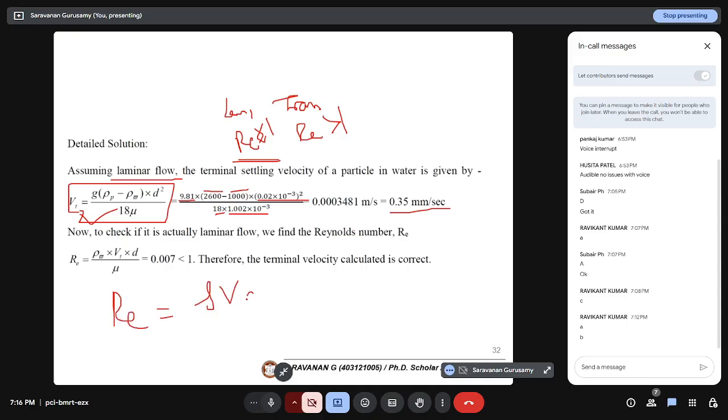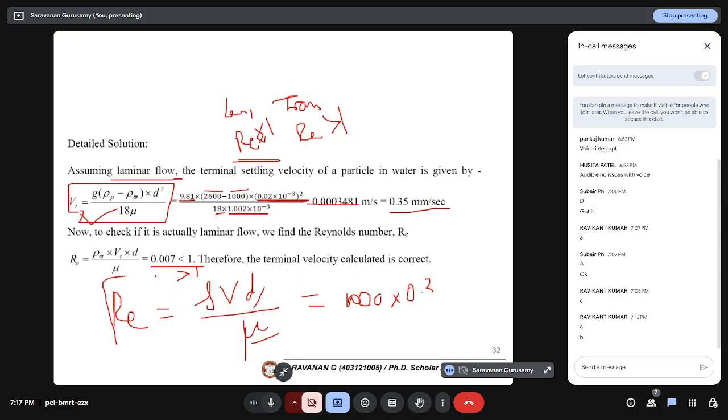Rho V d by mu. Rho of water is 1000. V is what I have found, 0.00035. D is the diameter of the particle, divided by mu. If we put all this, it's less than 1. So my assumption is correct. If it is greater than 1, I have to go with the transition flow and take that formula. Okay. Hope you got this.